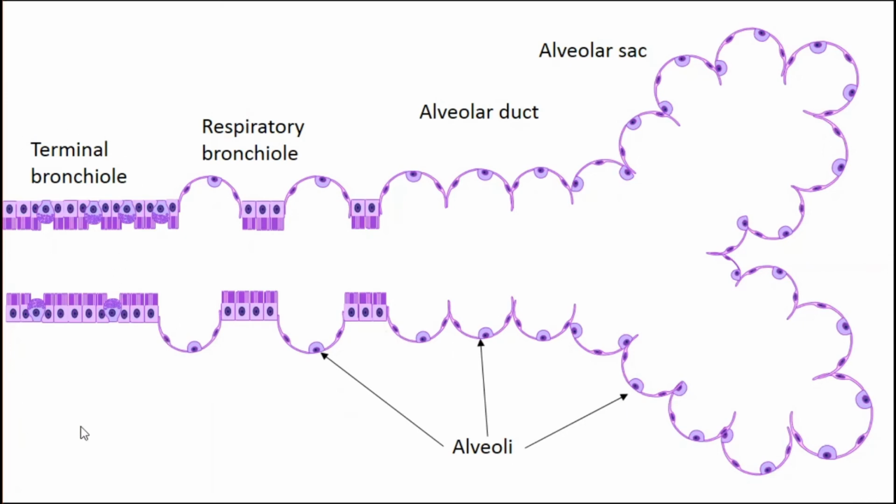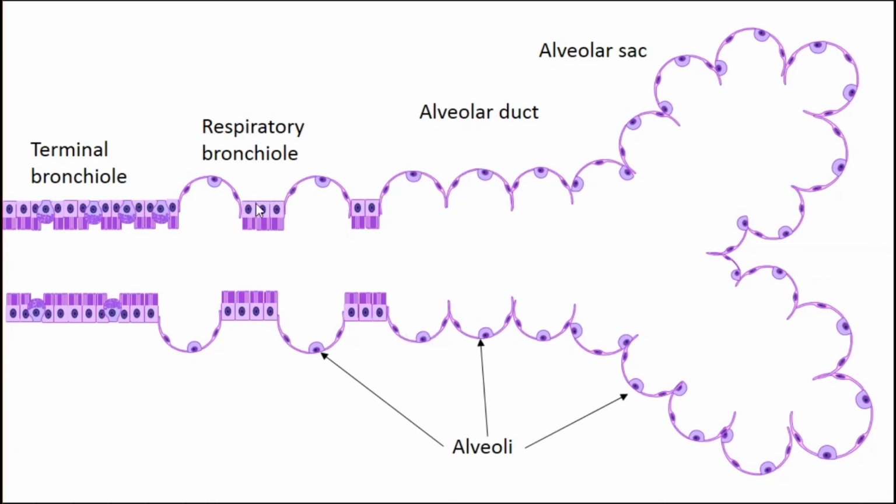In the terminal bronchiole, gas exchange is impossible because the epithelium is too thick for gas exchange, but in the respiratory bronchiole, special regions for gas exchange appear. That's why we classify the respiratory bronchiole as a part of the respiratory portion. So here we can see the border between the conductive and respiratory portion. Respiration, gas exchange, is possible here. After that, the respiratory bronchiole is continued by a special duct, which is completely composed of alveoli.